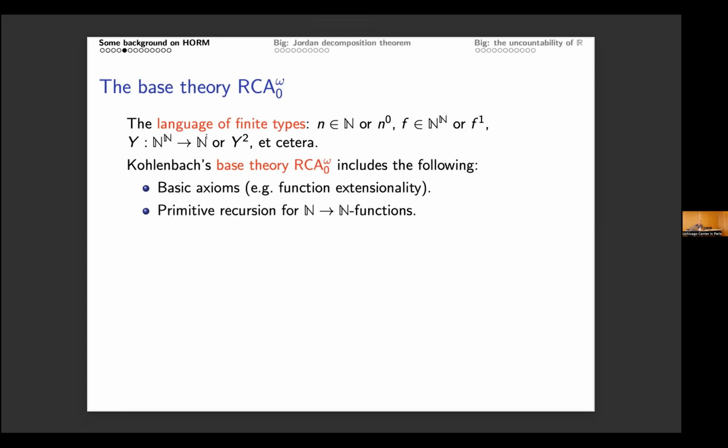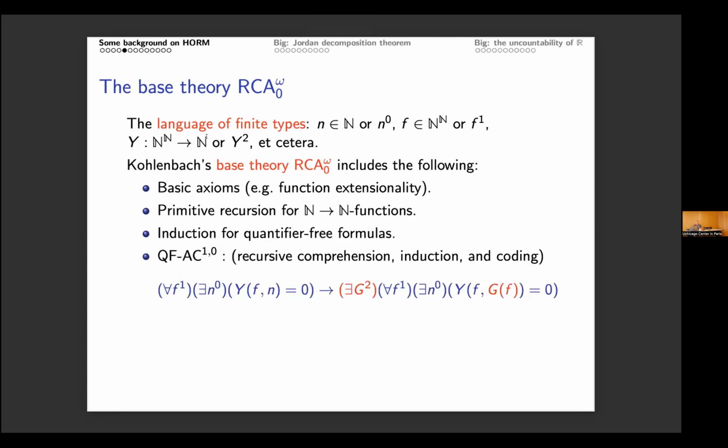Primitive recursion for elements of Baire space, you may have heard of that once or twice in the base theory of reverse math. Induction for quantifier-free formulas, so a formula is quantifier-free if it's free of quantifiers, except maybe bounded quantifiers over the naturals. And then comes the Swiss Army knife. So this is a little bit of axiom of choice, provable in ZF, of course.